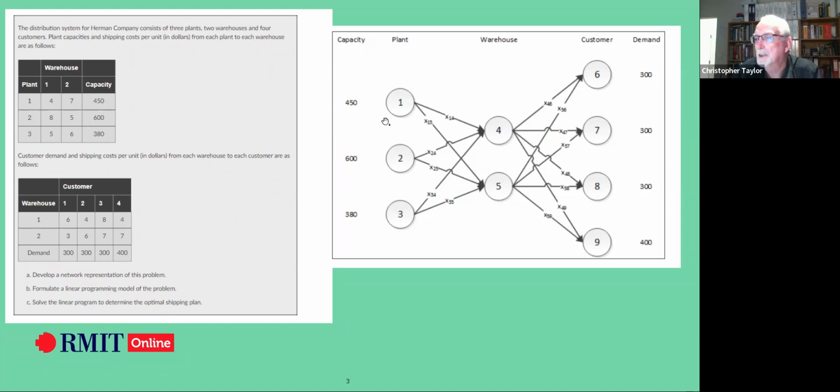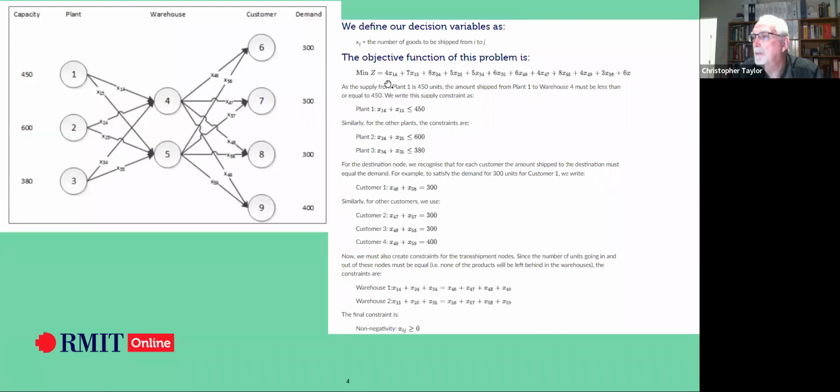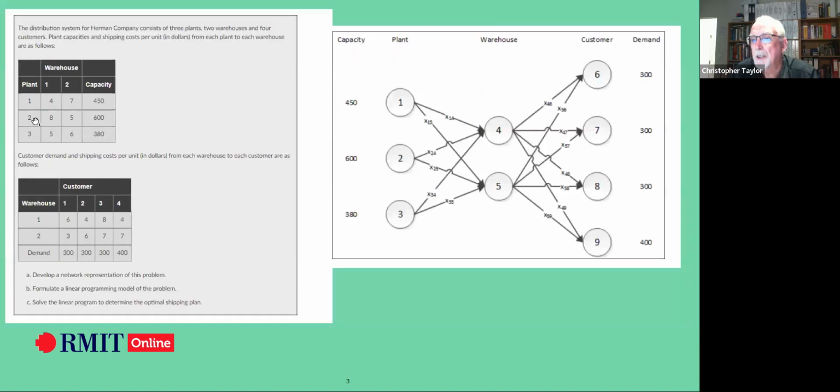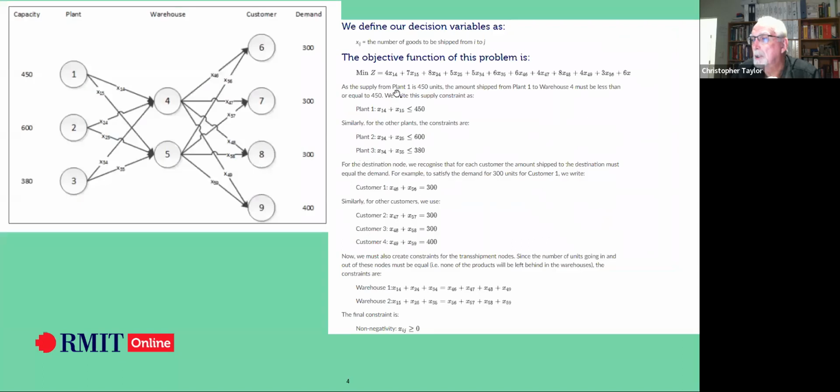The numbers are confusing, but that's what the 4 represents. It's going to cost us $4 for movement of product down the x14, then 7 down the x15, and then 8 down the x24. So 2 to 4, x24, is going to be that $8. That's basically what it is.